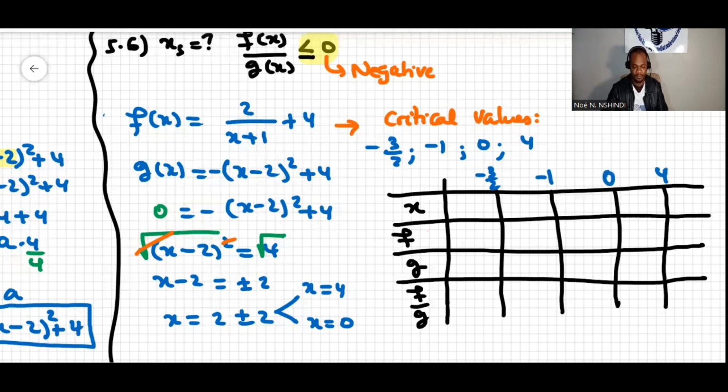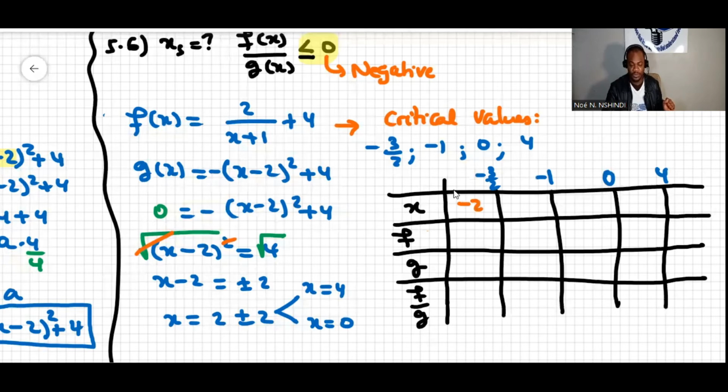Now I want to pick a number in the interval before -3/2. I'll pick a random number like -2. The random number that I select has to be in this interval, meaning less than -3/2. Remember, when we are on the left-hand side of 0, the bigger the number is, the smaller it is.